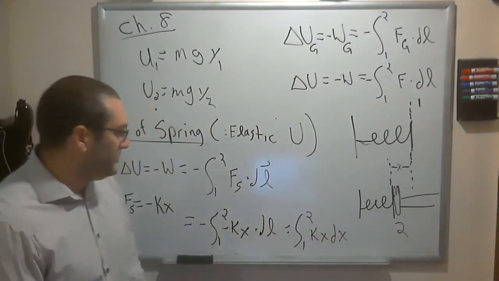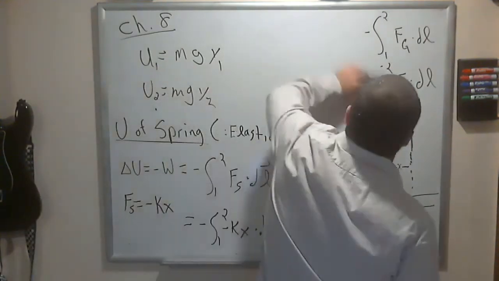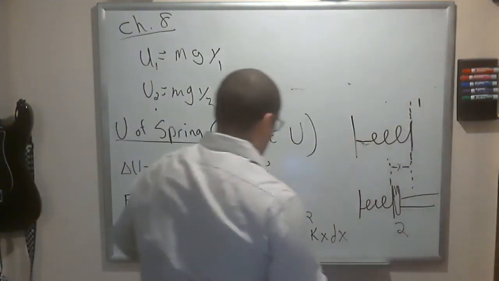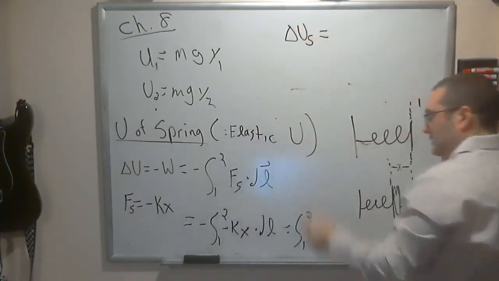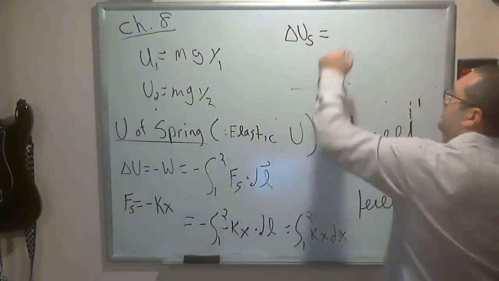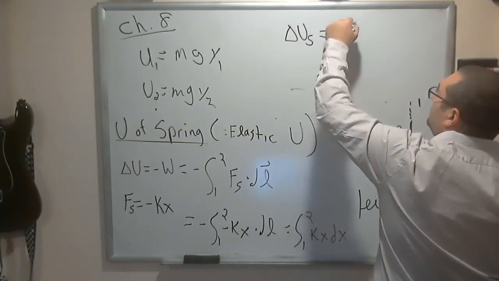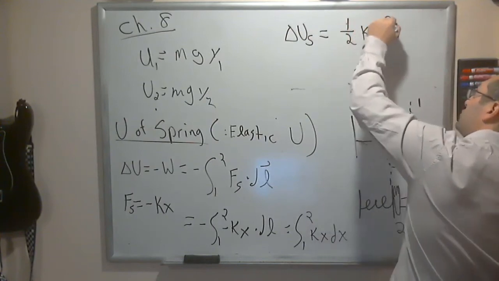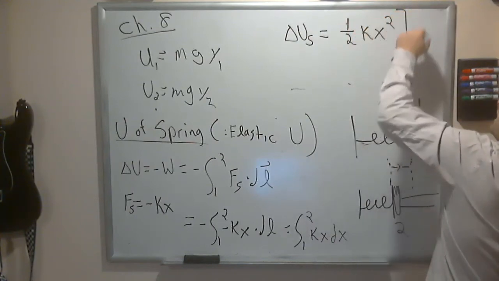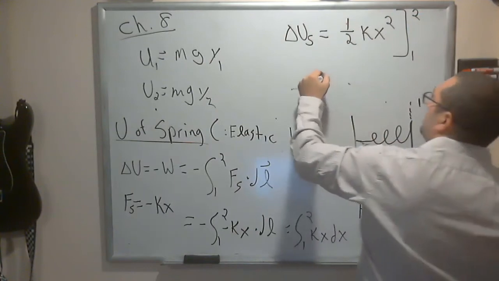So let's take the integral for x dx, and U of a spring is just equal to 1/2 kx squared, and then you go from this position to this position.